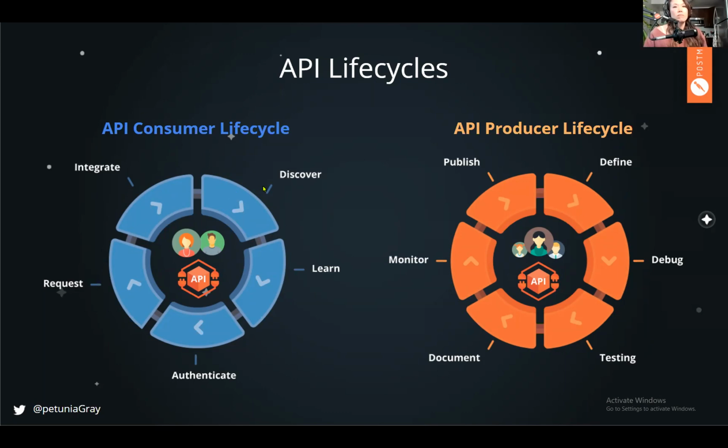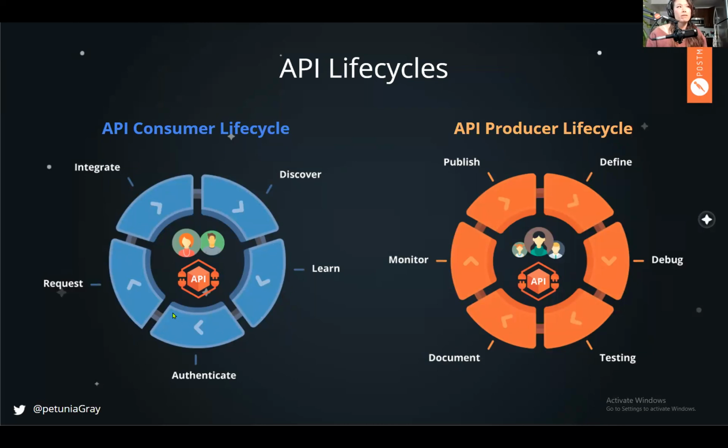So hopefully you can see my neon green pointer. This is the API consumer lifecycle that I bet everyone on the call here is curious about using Postman for, or has used Postman for this, but they're basically spending time in this part of the donut. They're learning about an API, they're experimenting with it, poking at it, seeing what's going to happen. So they're probably doing these 3 things. So they're learning, authenticating, and then sending a request. This is the API client exploration part of the donut.